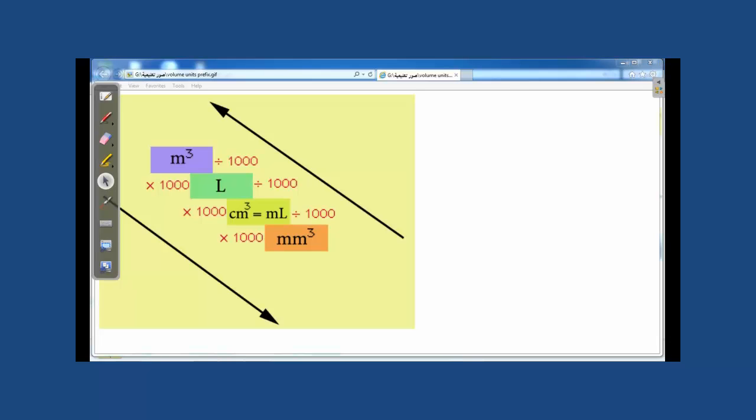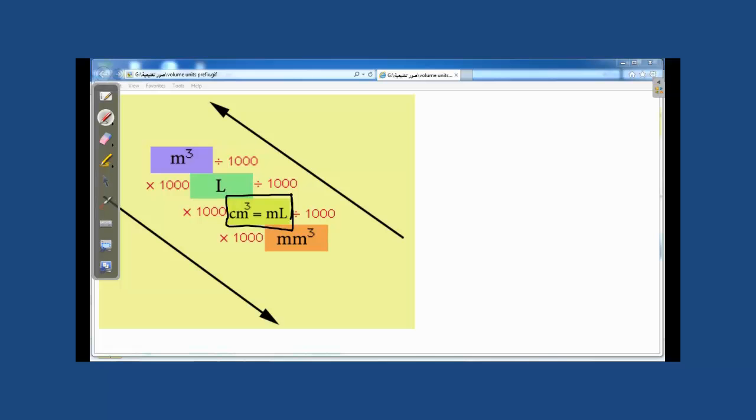Notice that 1 cubic centimeter is the same as 1 milliliter. Again, notice here that 1 cubic centimeter is equal to 1 milliliter.